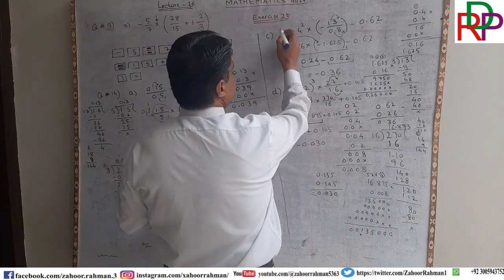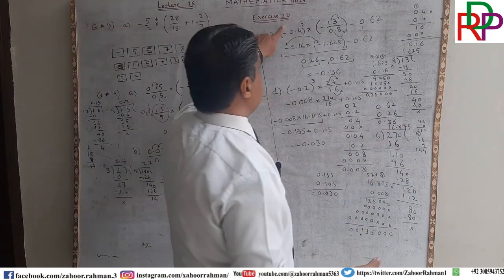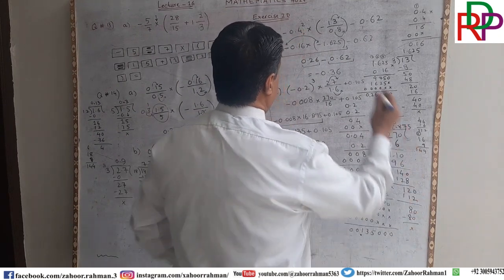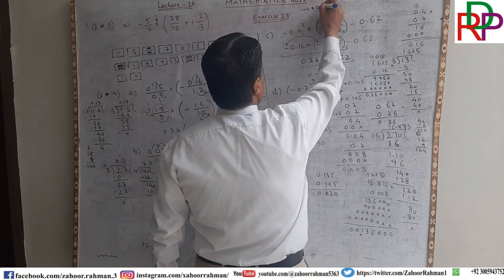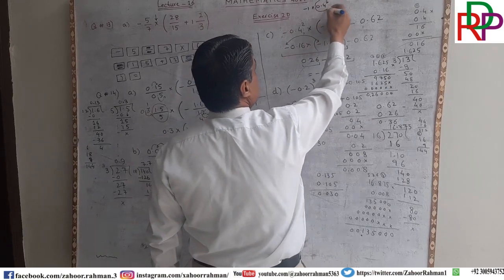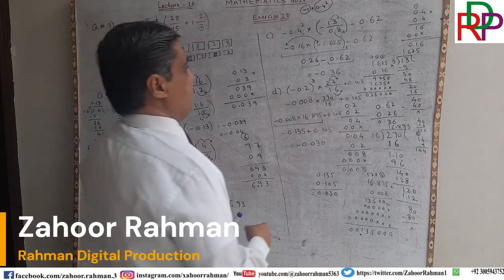No, if it was like this then it's okay, but because it is not in the bracket, only minus 0 point, actually minus 1 and 0.4 is like this, so it belongs only to this, not to this one. So keep this in mind.